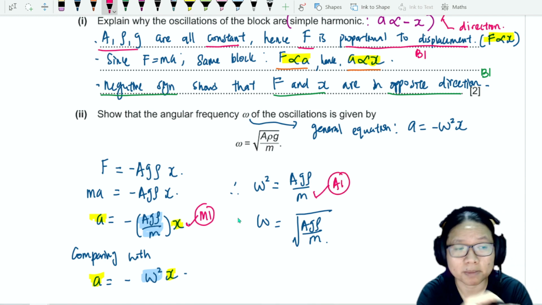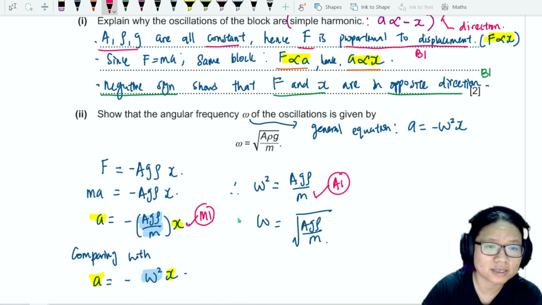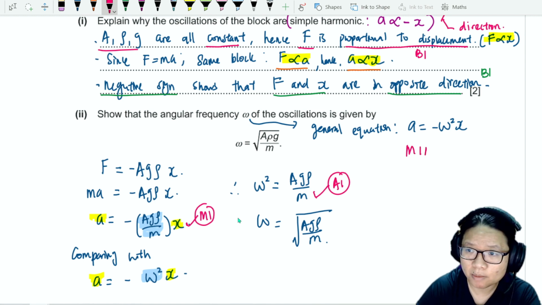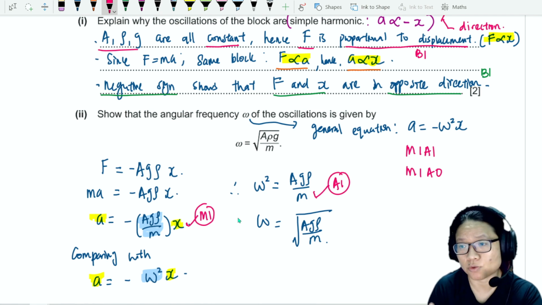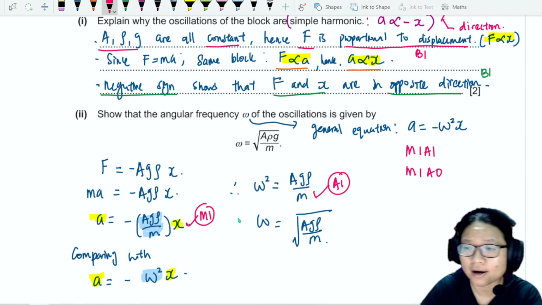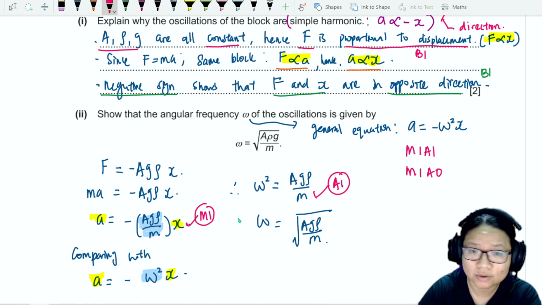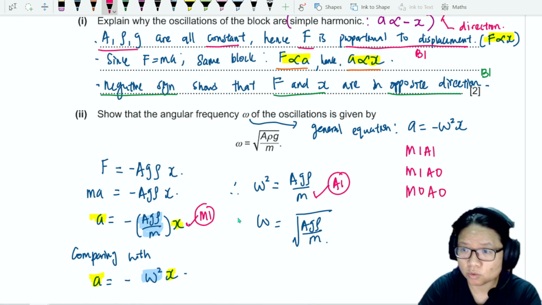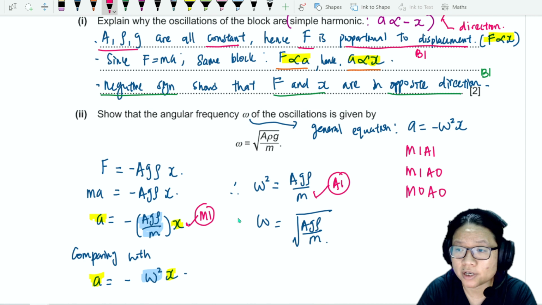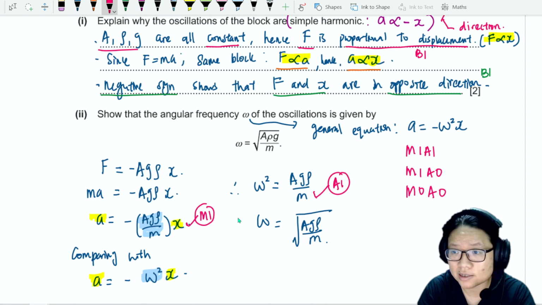Whenever you look at the mark scheme and you see M1, it means it is possible to get M1A1, full marks. It is possible to get M1A0, meaning your method is correct but your answer is wrong, maybe there's an algebra mistake or you didn't square root. You could also get M0A0, meaning your method is wrong and obviously your answer is wrong.